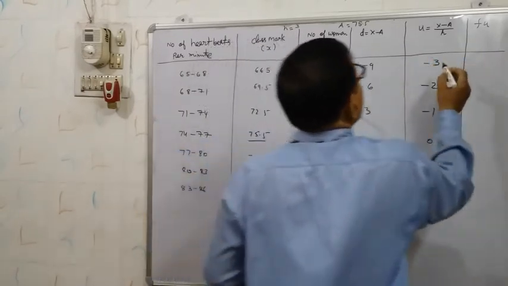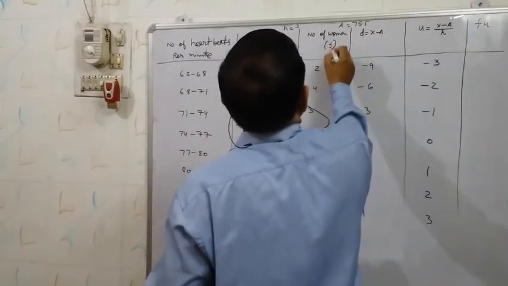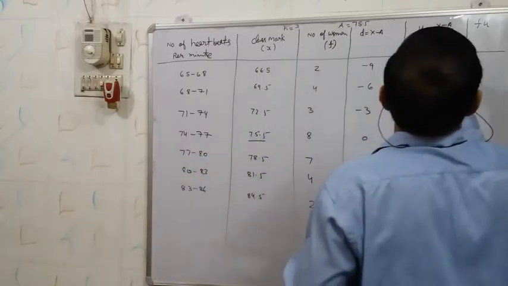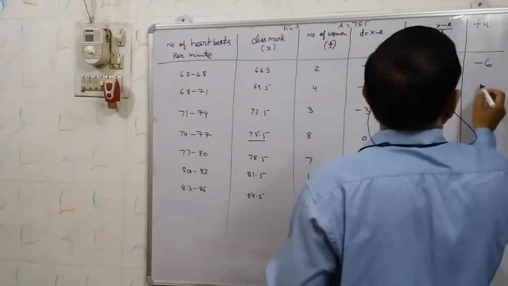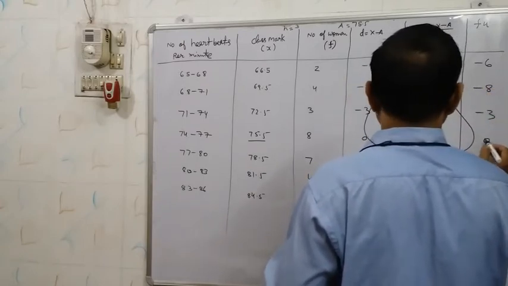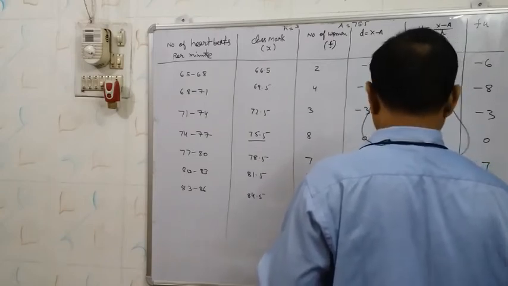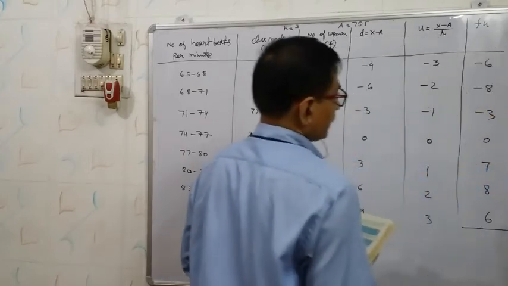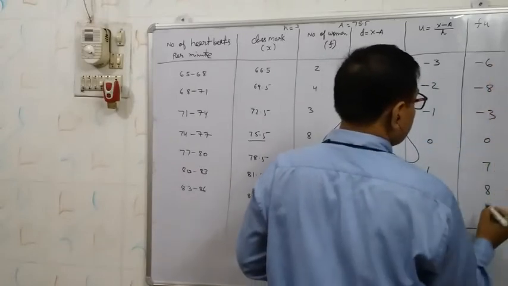Now f into u. F is the frequency column, the number of women. F into u: 2 into minus 3 is minus 6, 4 into minus 2 is minus 8, 3 into minus 1 is minus 3, 8 into 0 is 0, 7 into 1 is 7, 4 into 2 is 8, and 2 into 3 is 6. Now add all: minus 6, minus 8, minus 3 gives minus 17.